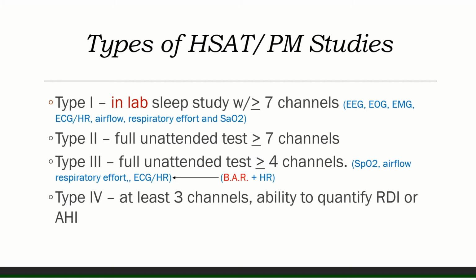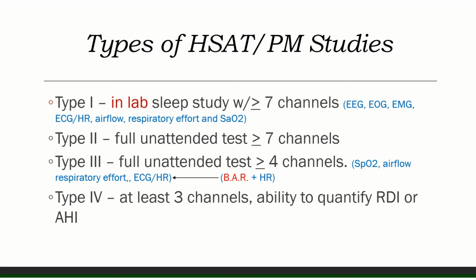Type 3, again, is fully unattended, but it has at least 4 channels. So it has our basic channels that we need, which is our pulse ox, our cannula, and our respiratory belts, but it also has your heart rate. So it has BAR plus heart rate.